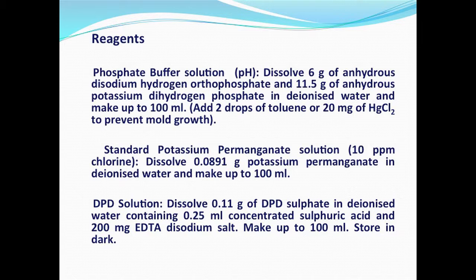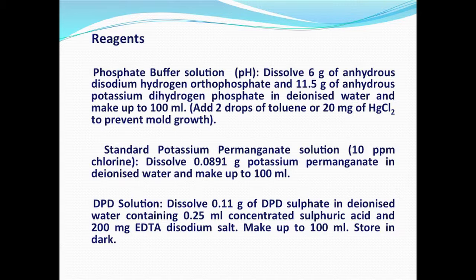This is not necessary if you want to determine the chlorine immediately. But if you want to keep the buffer for a long time, I recommend that you add about 2 drops of toluene or 20 milligram of mercuric chloride to prevent mold growth.